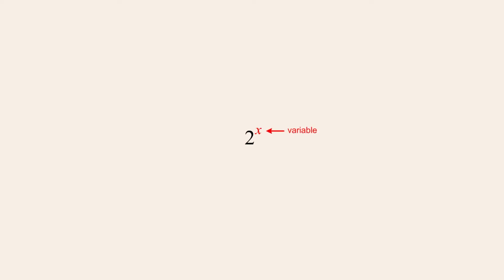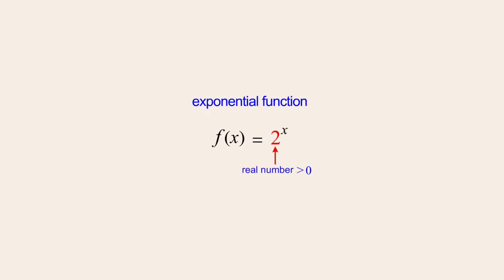Functions with variable exponents are called exponential functions. Exponential functions typically consist of a constant called the base of the function with a variable exponent. And the function's base must be a positive real number other than 1.